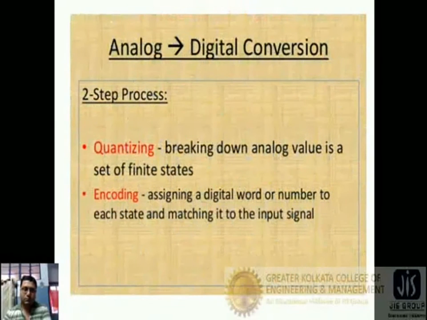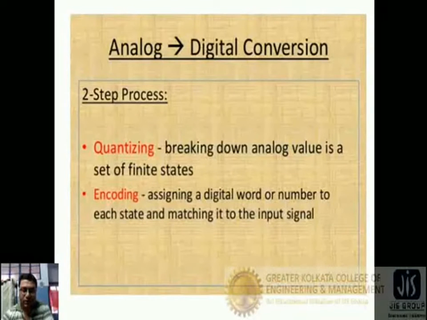Now, in the conversion process from analog to digital, there are two more steps. First is quantization, or quantizing, and encoding. Quantizing is breaking down the analog value into a set of finite states, and encoding is assigning a digital word number to each state and matching it to the input signal.